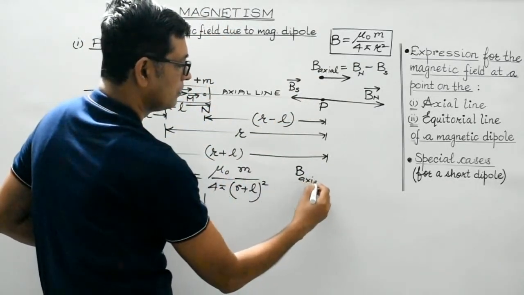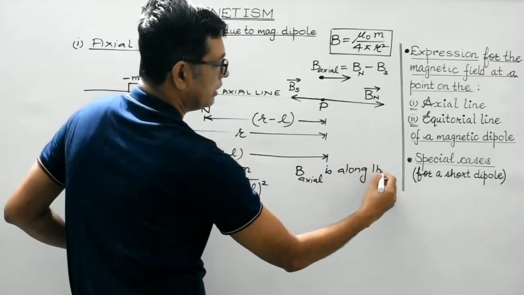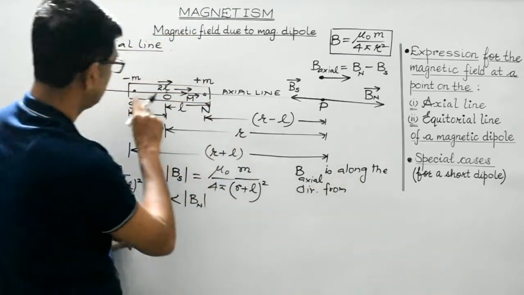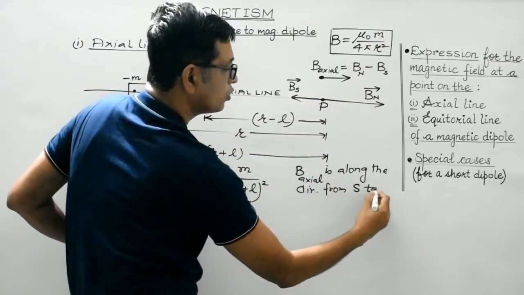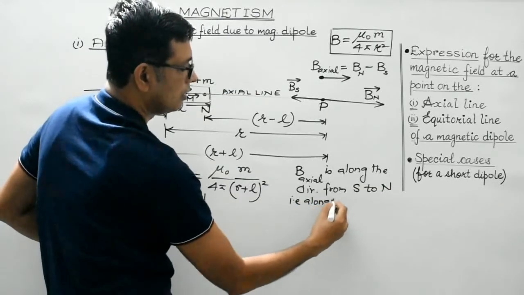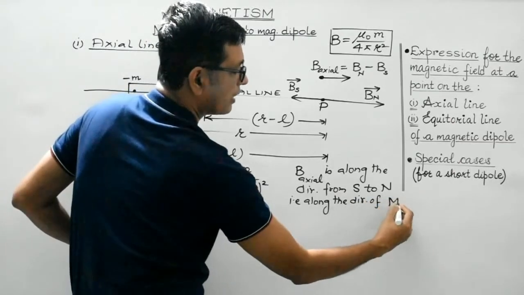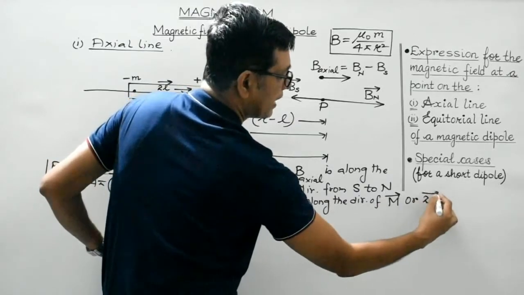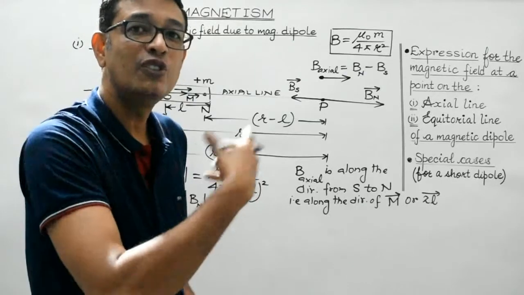B axial is along the direction from south to north, that is towards right in this case, that is along the direction of m vector, magnetic moment or magnetic length. Both are directed from south to north.